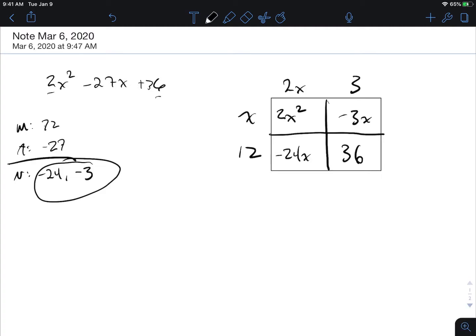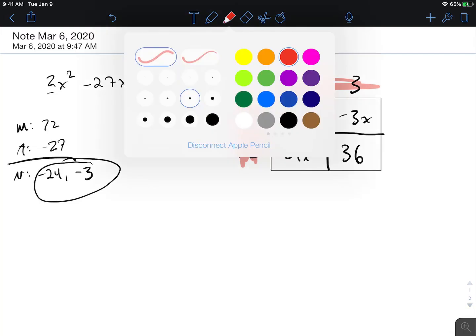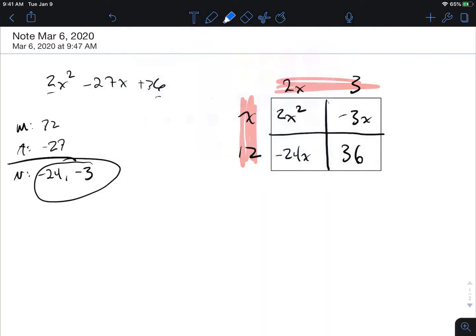Okay? Now's where you worry about the signs. So you have the numbers, right? You have the outside, the lengths and widths, and you have to produce the inside. So if I want to produce 2x squared, right? If I want to produce 2x squared, what do I have to multiply? These two guys here.